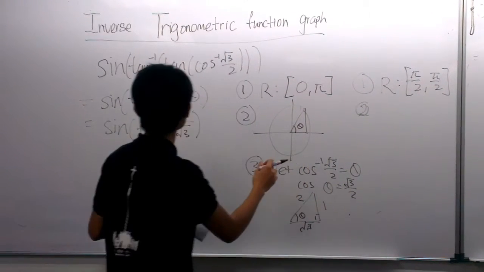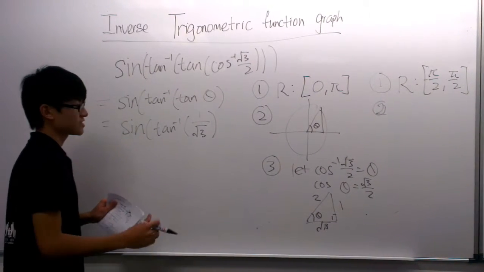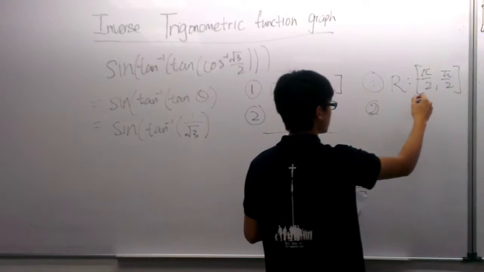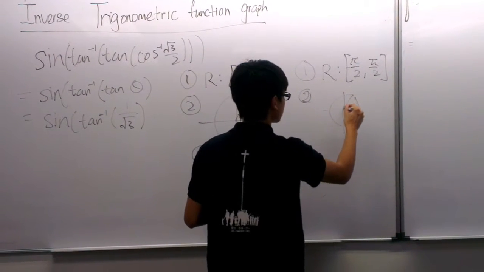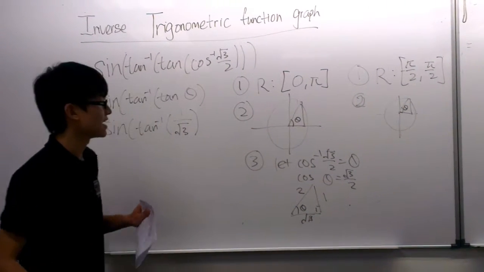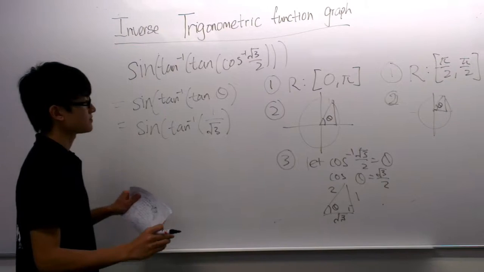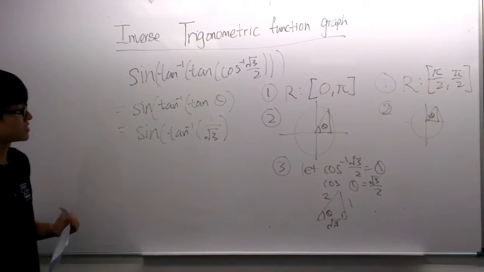In this case, 1/√3 is a positive value, so it will lie on the first quadrant. So we indicate another theta as the arctangent of 1/√3.